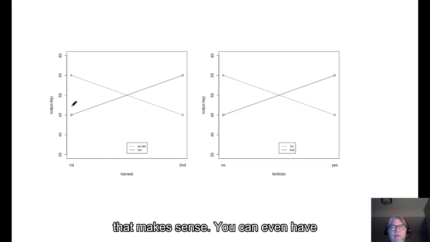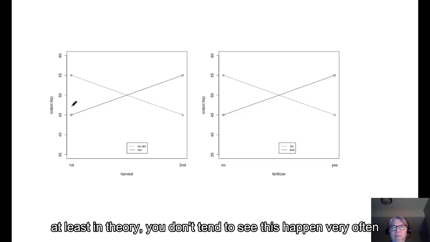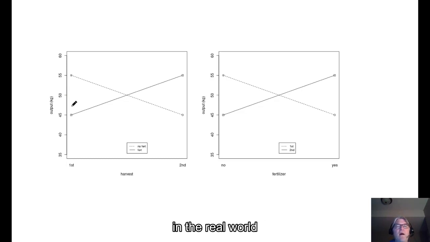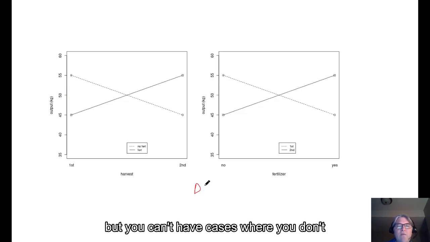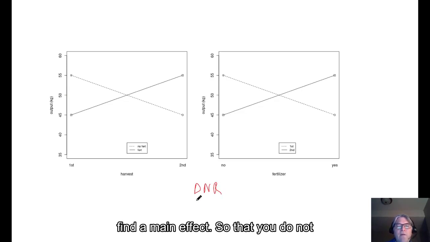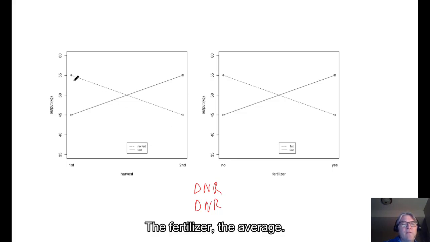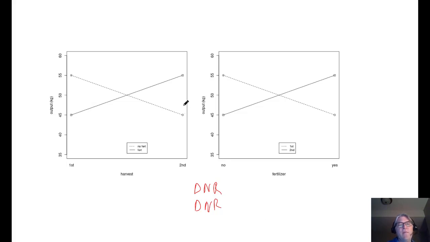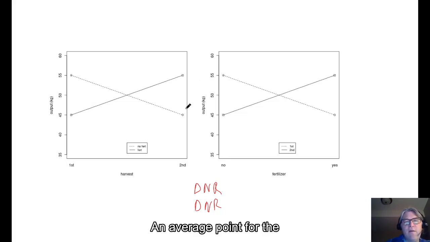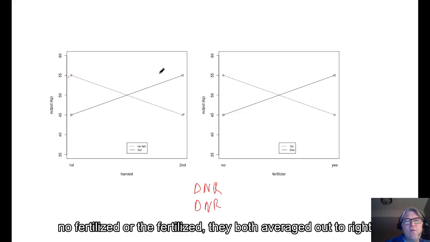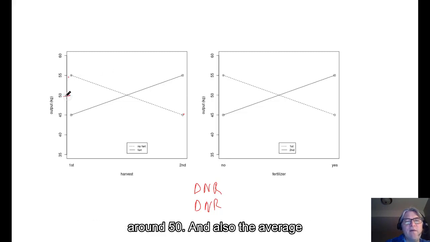You can even have, at least in theory, though you don't tend to see this happen very often in the real world, cases where you don't find a main effect, so you do not reject for either of the main effects. So the fertilizer, the average point between the no fertilizer and the fertilized, they both average out to right around 50.